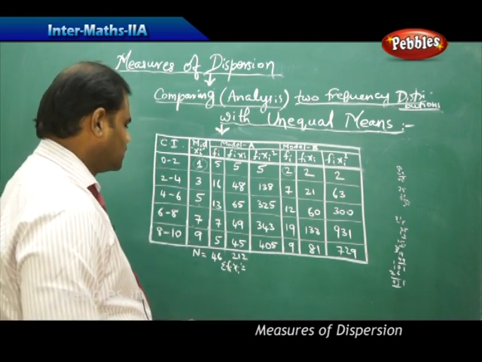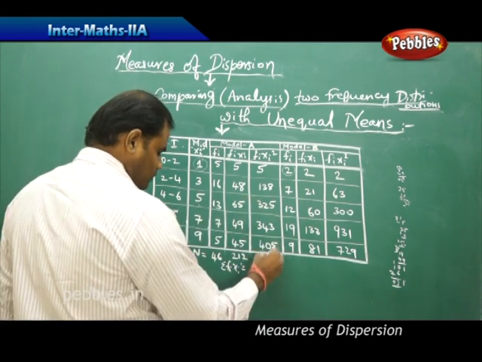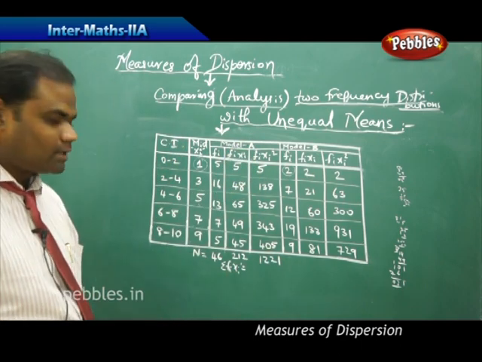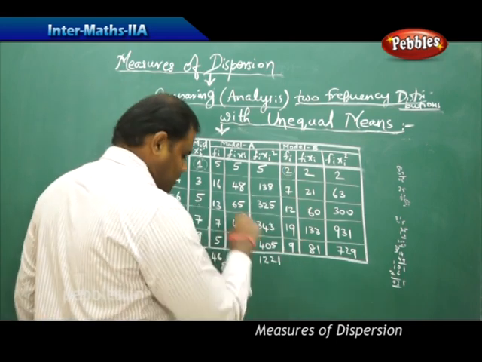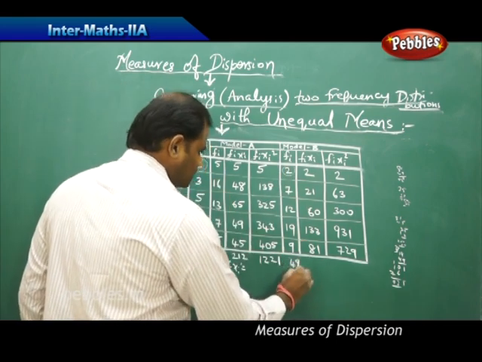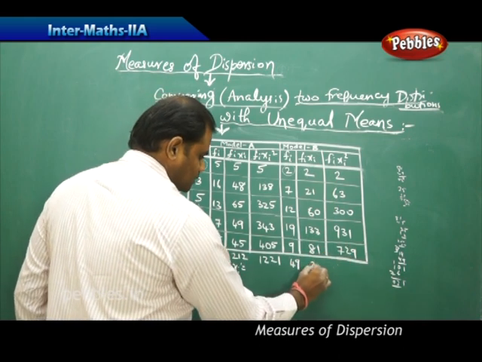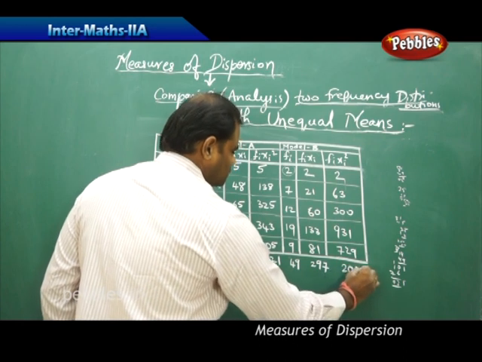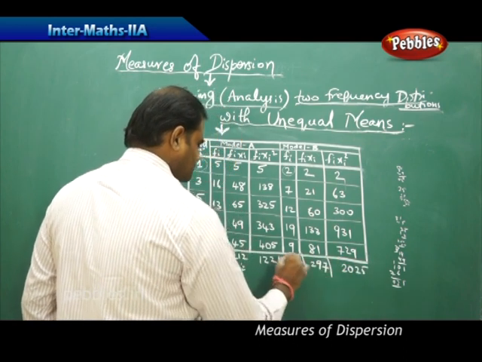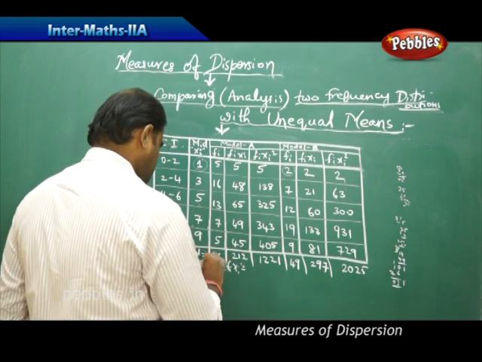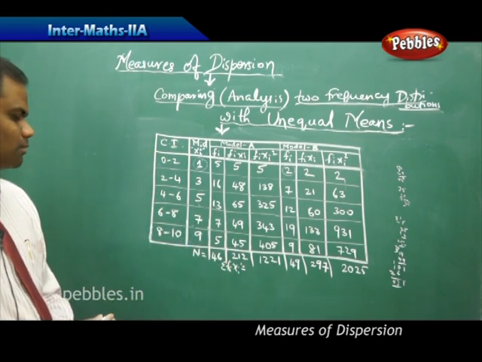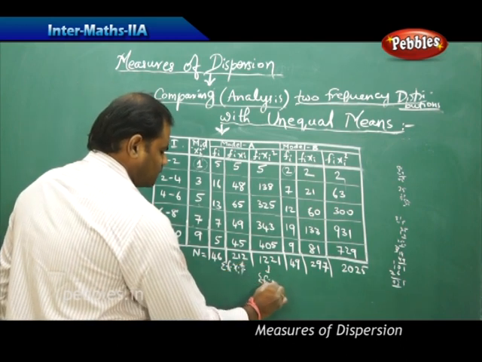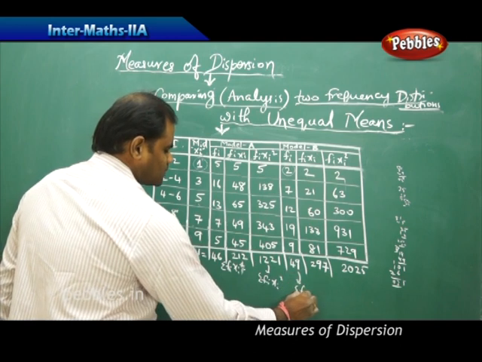Sigma fi xi squared, when I add up, gives 1221. For model B, sigma fi is 49, sigma fi xi gives 297, and sigma fi xi squared on addition gives 2025. This is how each of the values is obtained.